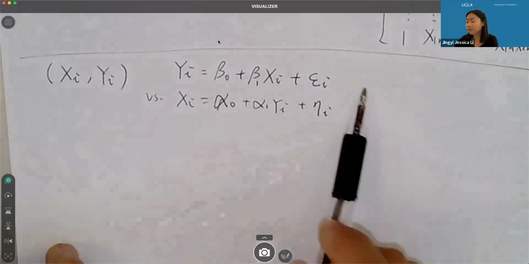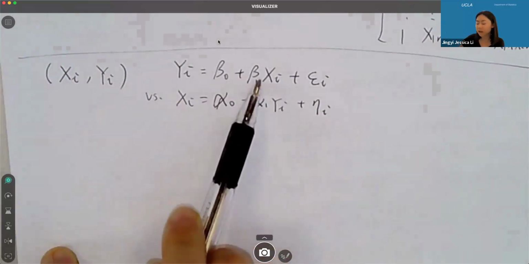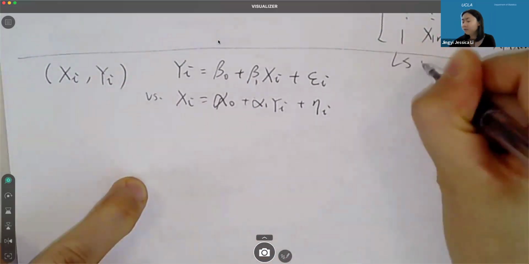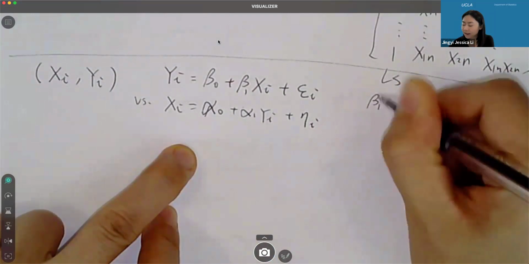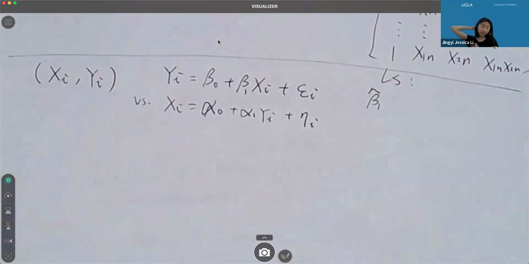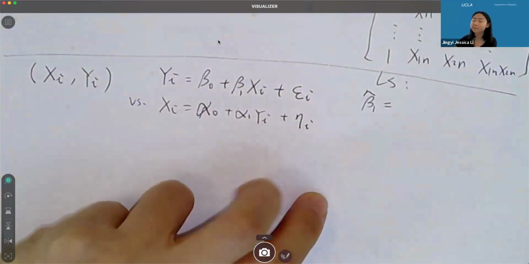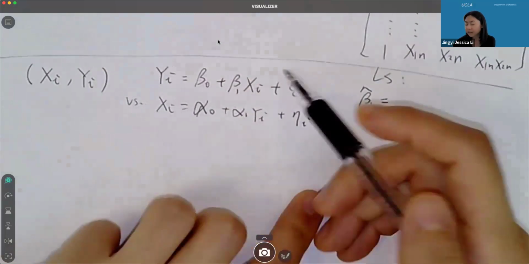So I'll just give you the formula for the slope estimate. If we do the least square to fit the two models, then we know that beta 1 hat in the scalar form, not the matrix form, can be written as this. It's the Pearson correlation between the two vectors x and y.